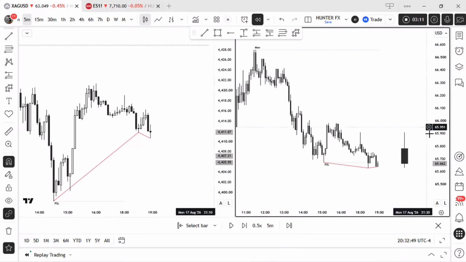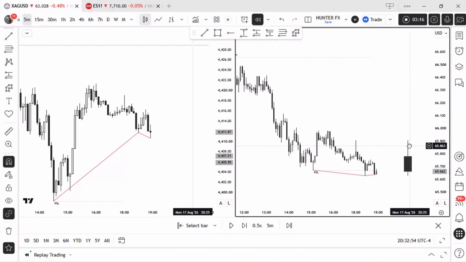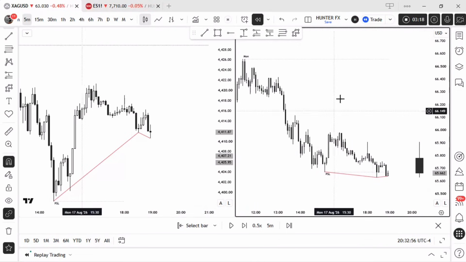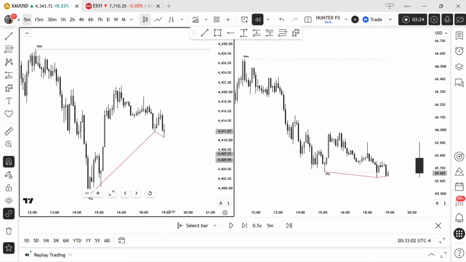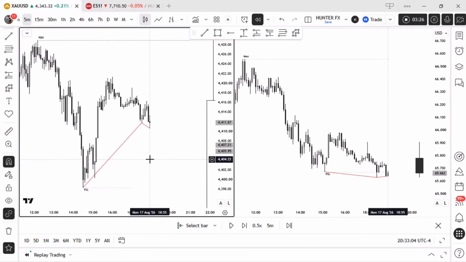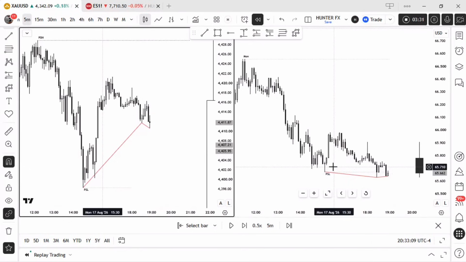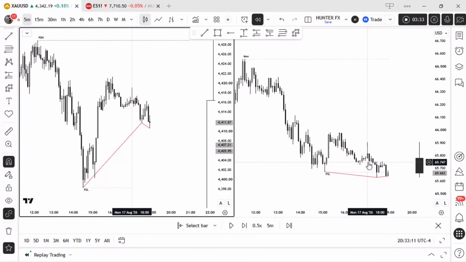We've reached the point in price where price made this SMT on silver and gold. Remember, the previous session low was swept here on silver, but on gold price has not yet reached there. That's where we come to our lower time frame, in this case the 5 minute.